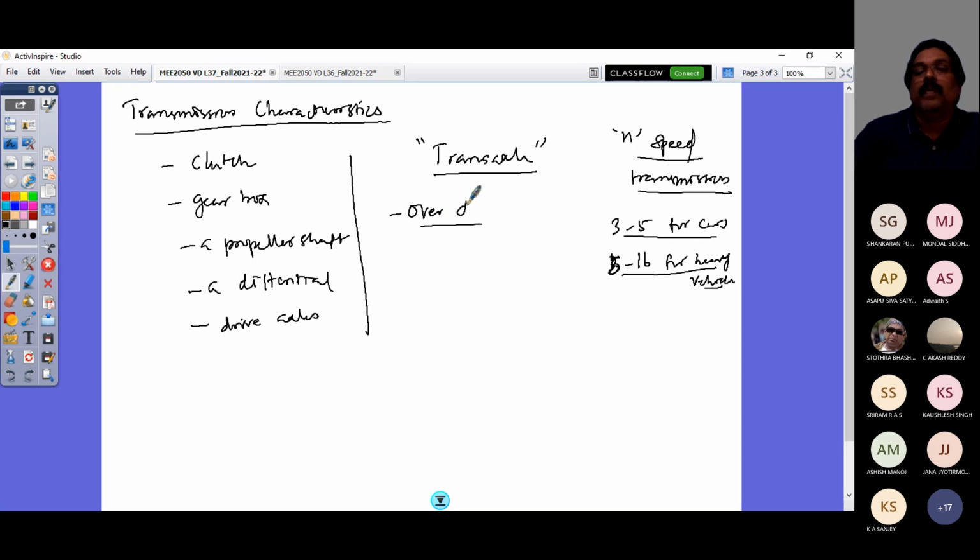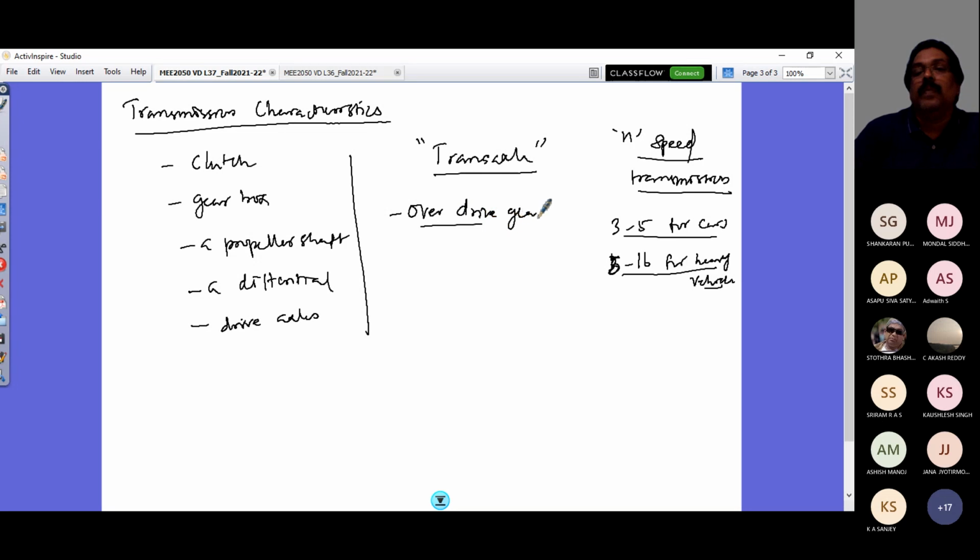So overdrive gear refers to the output speed of your drive axle being more than that of the output that comes from your engine, right? So that will be maybe 15% more or 30% more. There will be an overdrive gear employed at the drive wheels itself, and that would create the speed output more than that of the speed that can be given by your engine output.